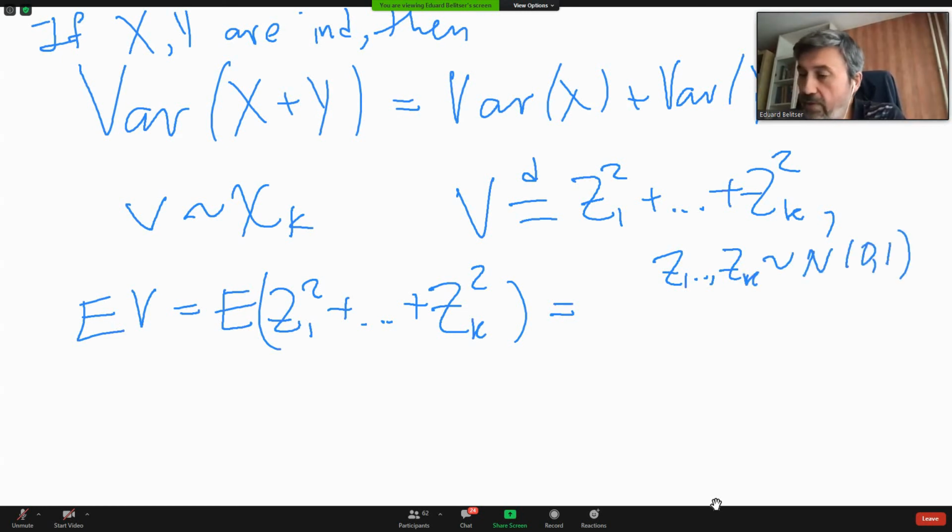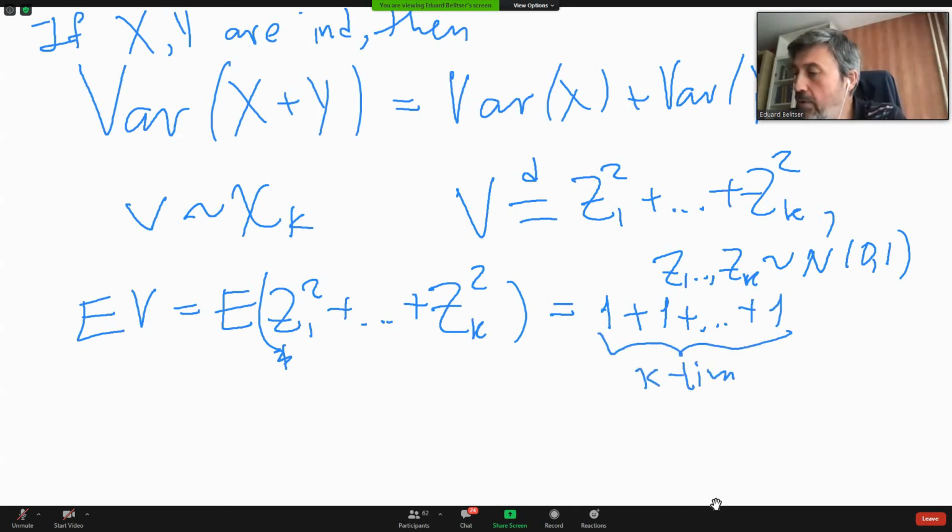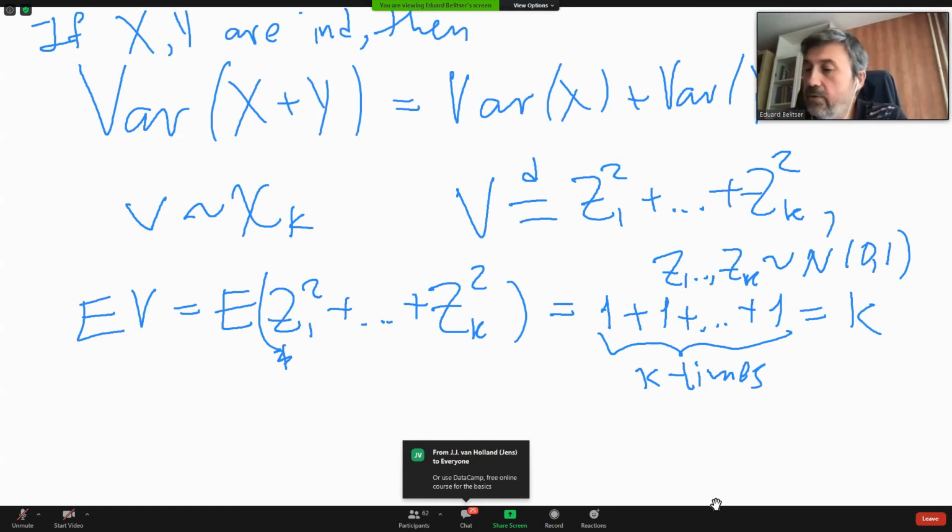So those are all equal to 1. So we have 1 plus and so on plus 1, so k times 1, and that's just k. If V is chi-squared distributed with parameter k, then the expectation of V is equal to k.